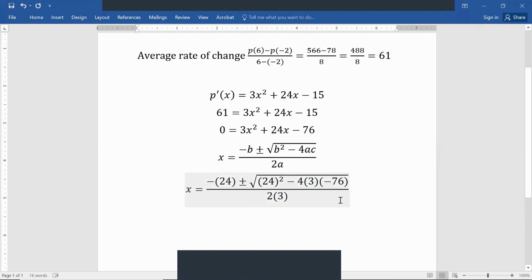So x is equal to negative 24, either plus or minus the square root of 1488, divided by 6.